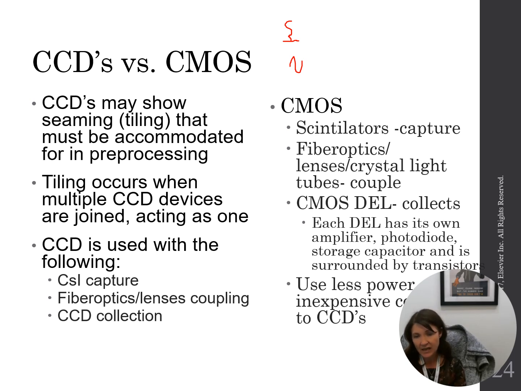Now, for CMOS collection elements, each detection element would have its own amplifier and photodiode, so it would amplify the light. Then the photodiode would collect the light and convert it into an electrical signal. That electrical signal would be stored in the capacitor on the CMOS detection element, and then it would be surrounded by transistors, which would allow that electrical signal to be released at the appropriate time to keep it in order so that it is still in its spatial domain when it gets to your display.